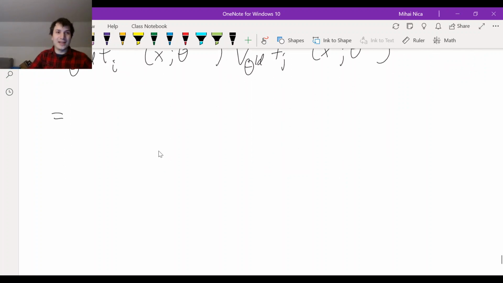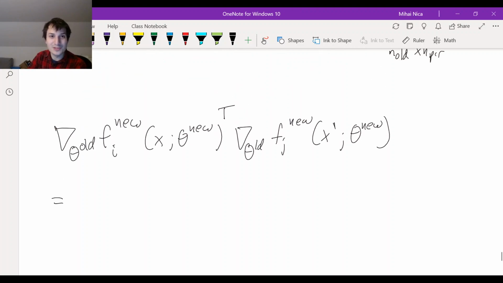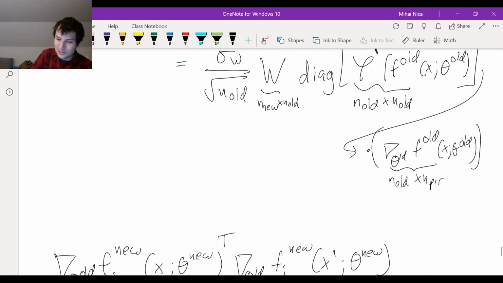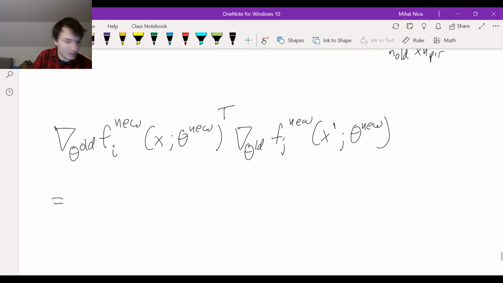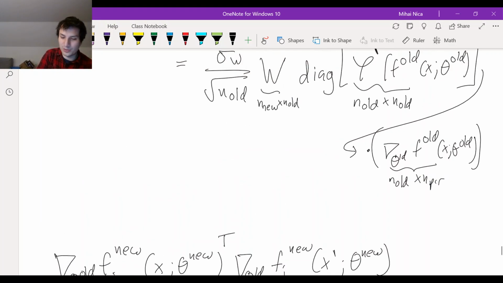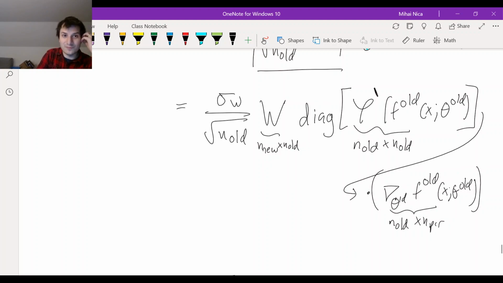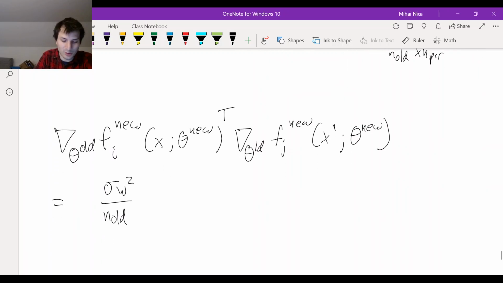You get a product, and each of these has a diagonal matrix in them. So when you multiply them together, you have two diagonal matrices you need to multiply. And there are these other funny things that appear. So what do you get? Sigma w squared over n old. Those are the prefactors coming out. There's a factor of sigma w over square root of n old in each of them. You multiply them together, you get sigma w squared over n old.